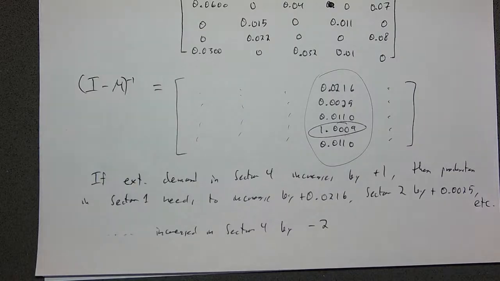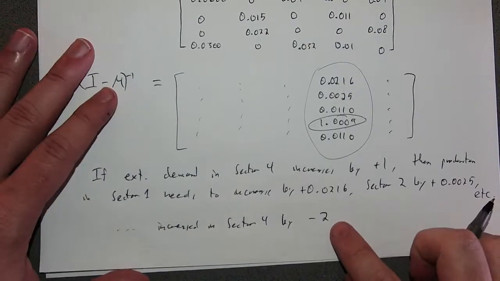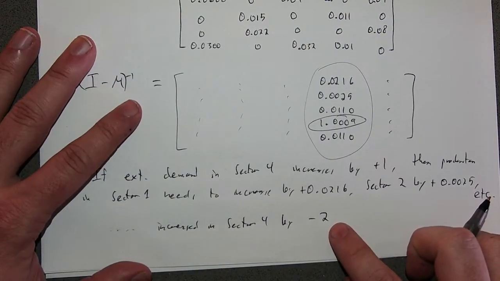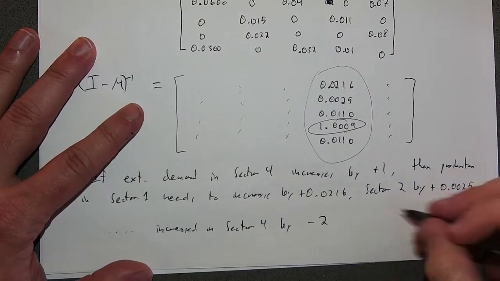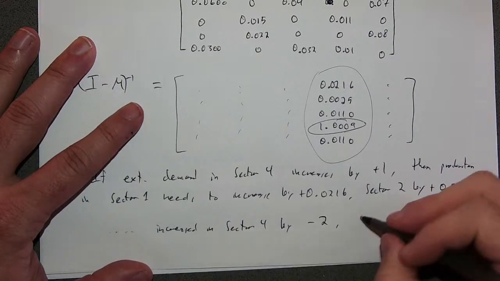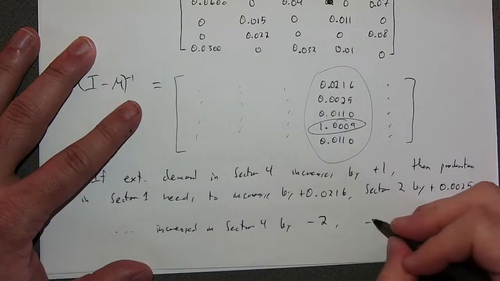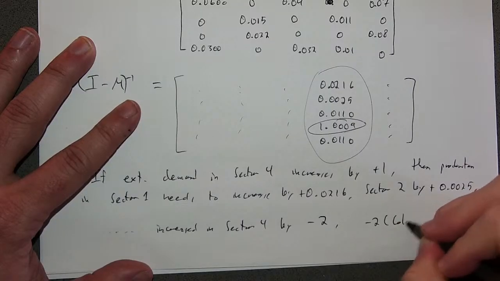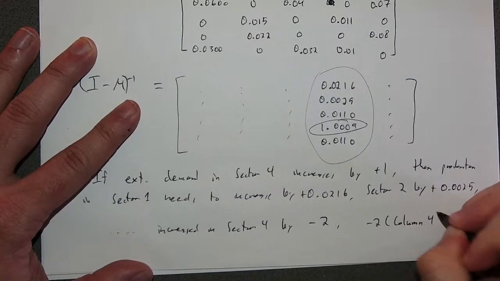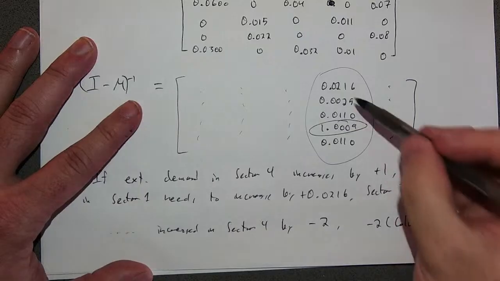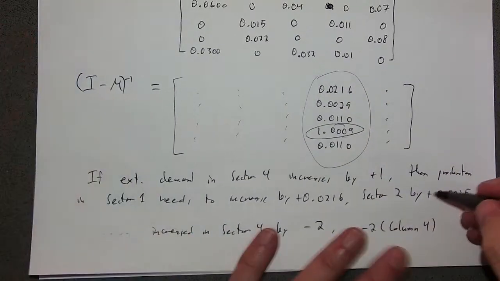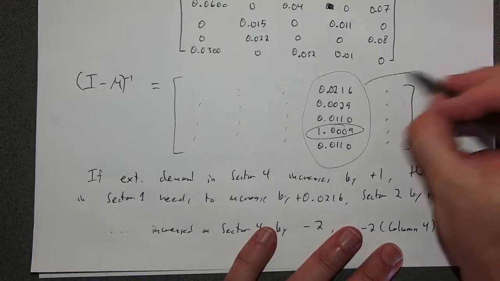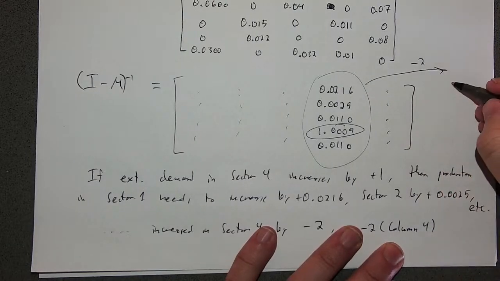How would I see how the production should be impacted here? Production should be impacted by -2 times column 4. I'm not going to rewrite that here, but it'd be -2 times each of these entries, so maybe I'll write it here. If I wrote -2 times this column, what would I get?